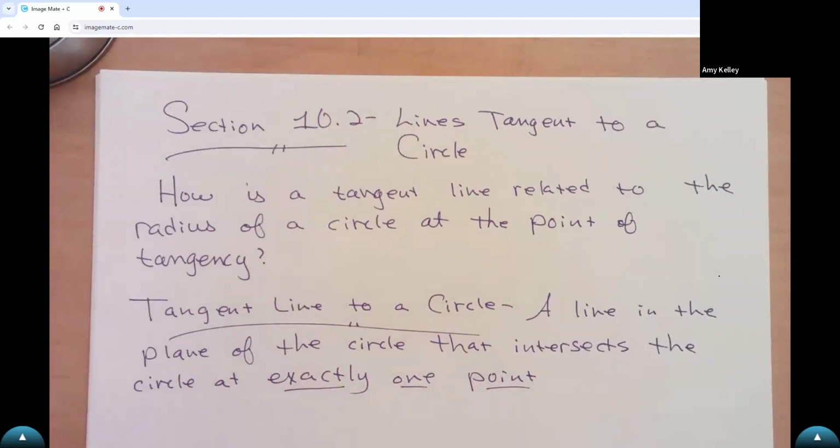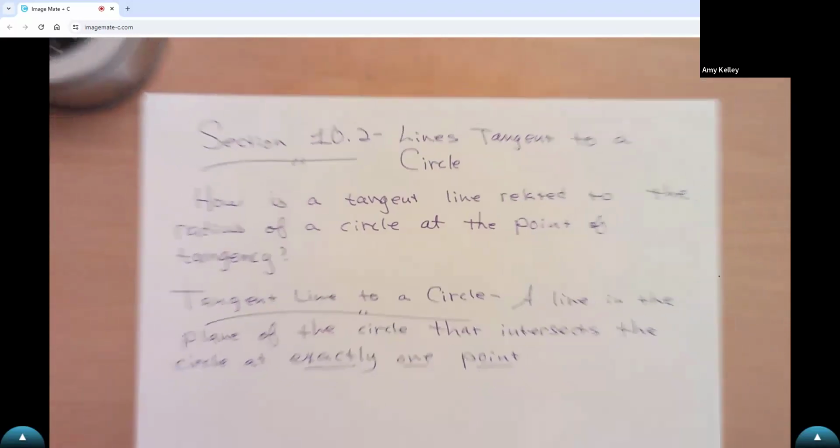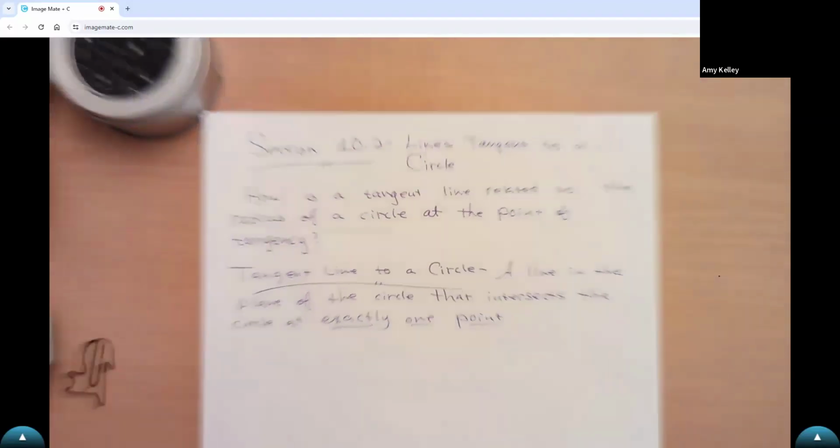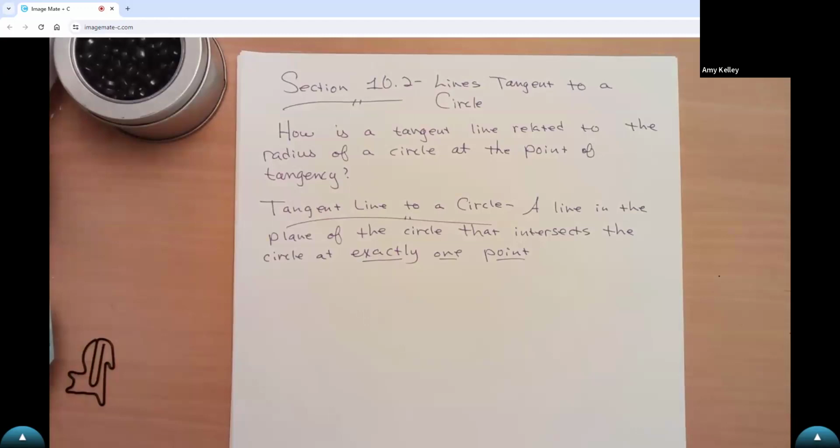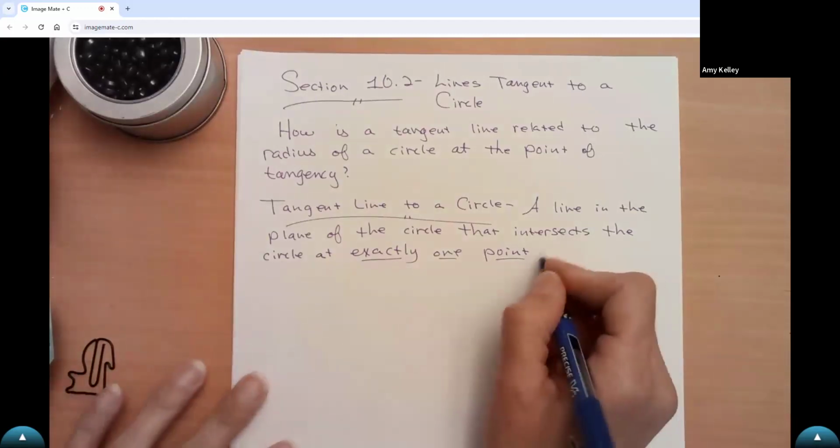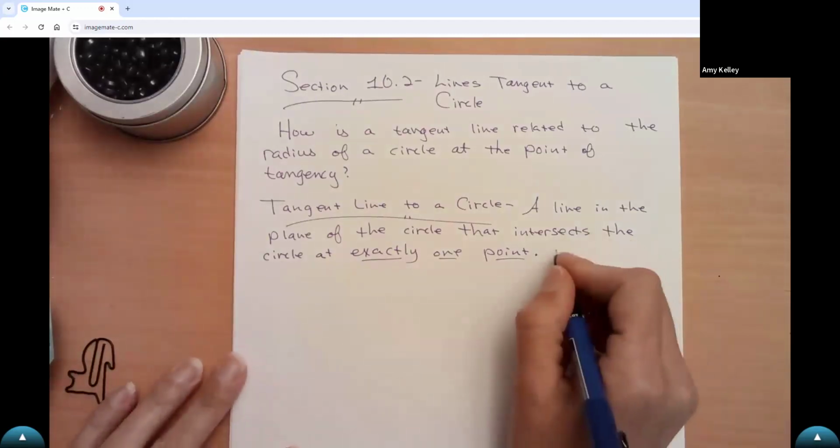So a tangent line is a line in the plane of the circle that intersects the circle at exactly one point. And we call that point the point of tangency.